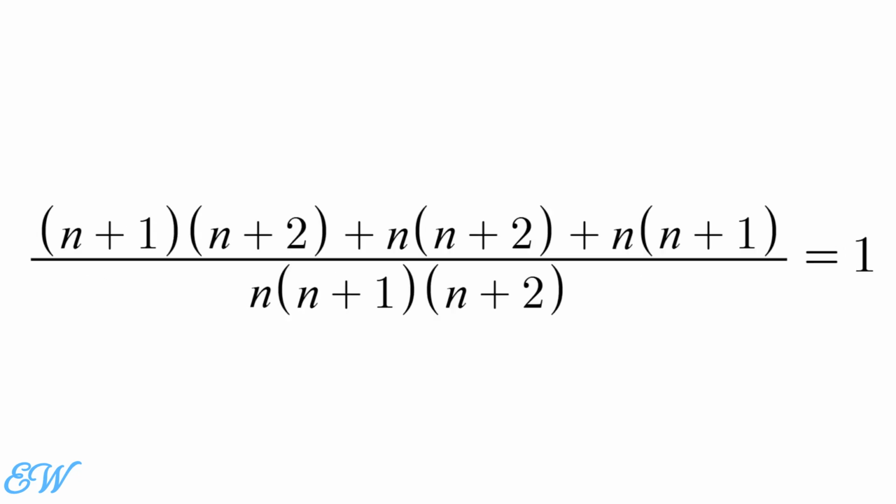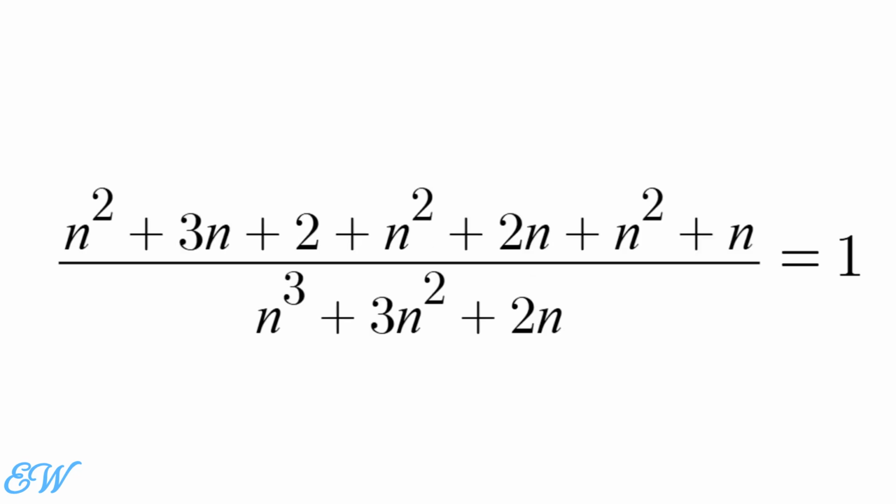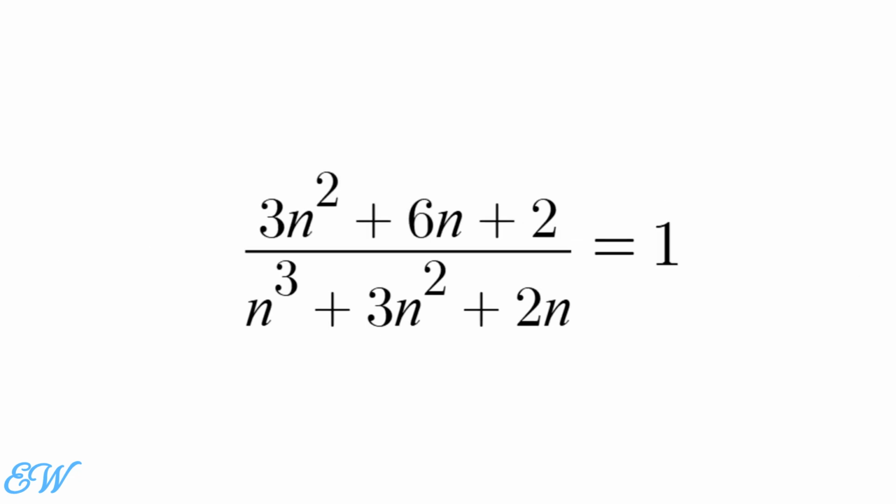Now we just combine all of these fractions into one big fraction. Next, we can expand out all of the parentheses and multiplication that we have in order to simplify. Then we can combine like terms in order to get this full fraction: 3n squared plus 6n plus 2 over n cubed plus 3n squared plus 2n equals 1.